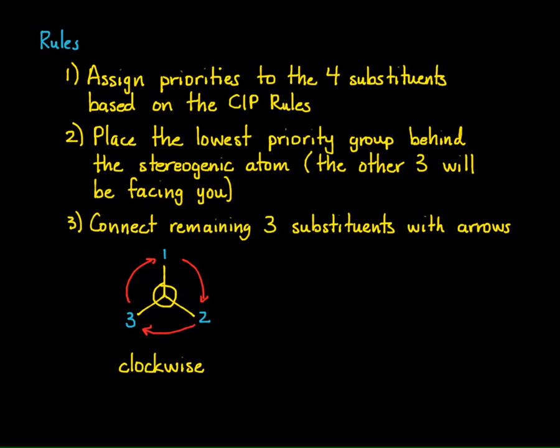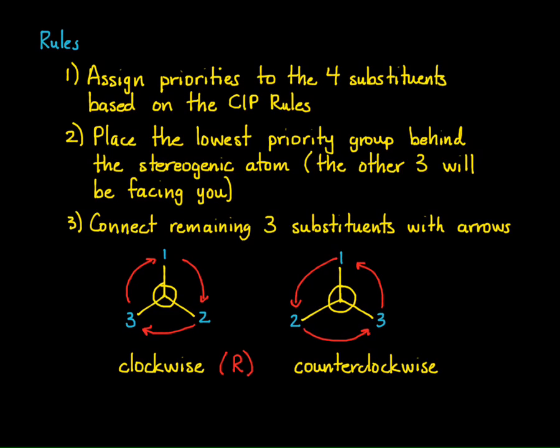When you get a clockwise rotation, you assign an absolute configuration of R. R is clockwise. Now, the opposite of that, again, looking down the stereogenic carbon where the lowest priority group is behind me, I can have this type of orientation where if I'm using arrows to connect 1 to 2, then 2 to 3, and then 3 back to 1, I see that the face of my clock is counterclockwise.